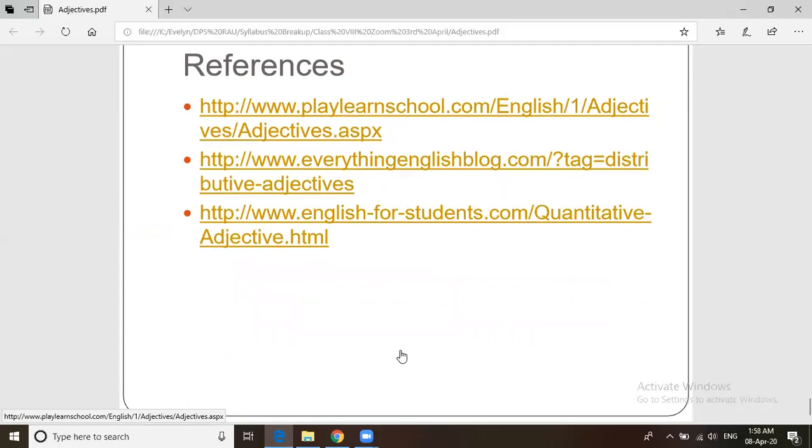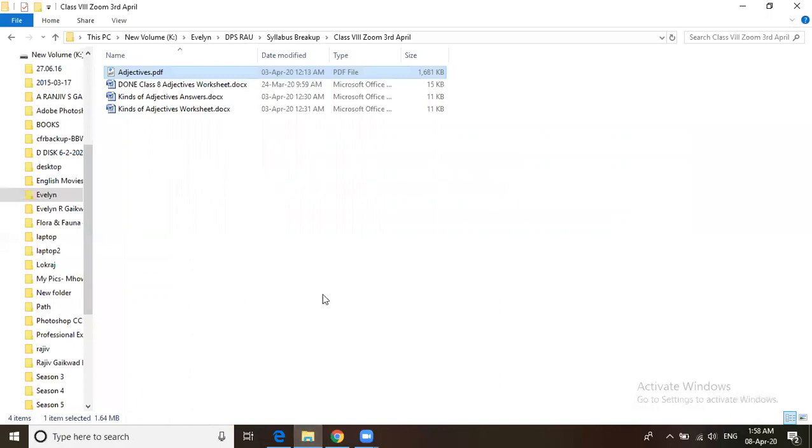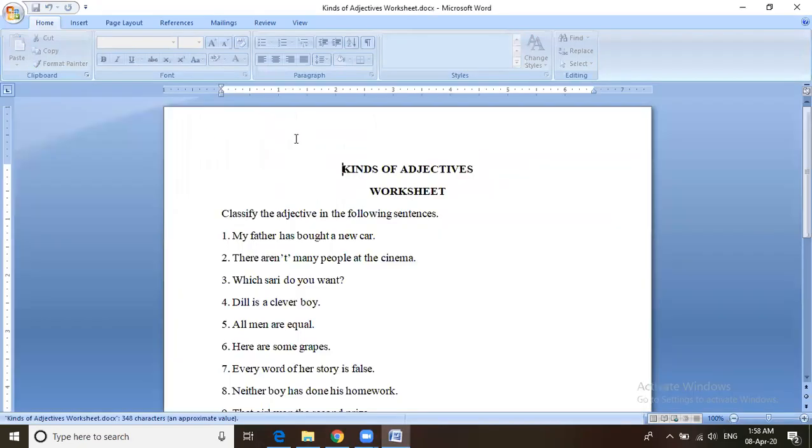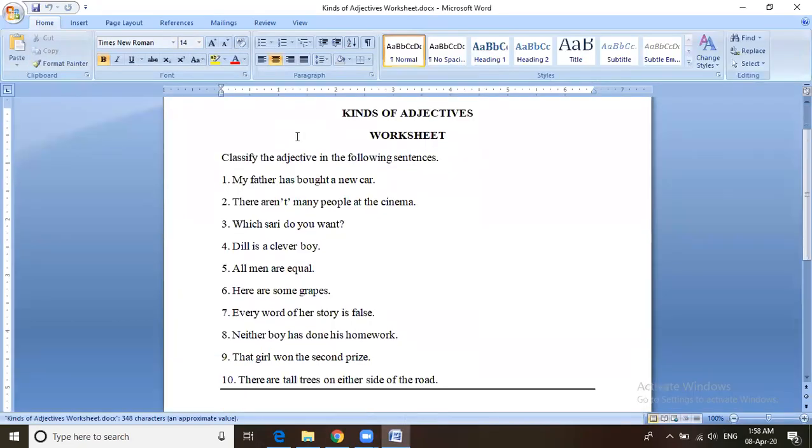Okay. So with this we have come to the end of the presentation, the explanation. Now I would like to do a small worksheet with you all. There are not many sentences, just 10 sentences I've given. What I want you to do is to identify the adjectives as well as to tell me which kinds of adjectives there are in each of these sentences.